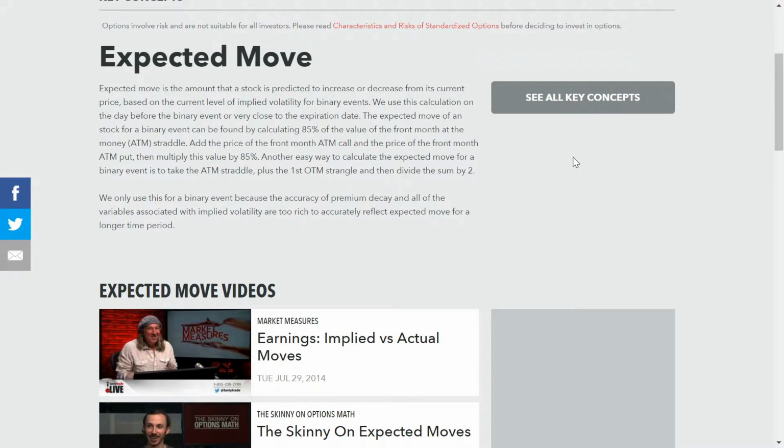Now, the expected move kind of depends on the value that the particular broker puts into it. For Tastyworks, the expected move is the amount that a stock is predicted to increase or decrease from its current price. So it creates kind of a range. So anytime that your option goes out of that expected move, your IV can go up, and that in turn can mean that you can make a lot of money on that particular option.